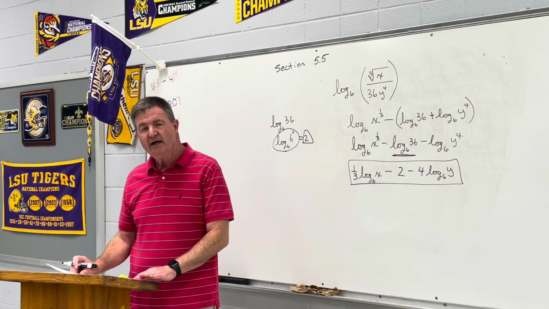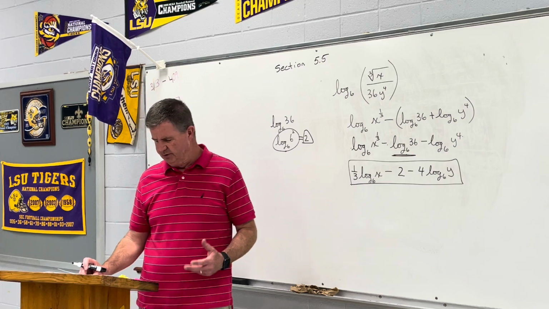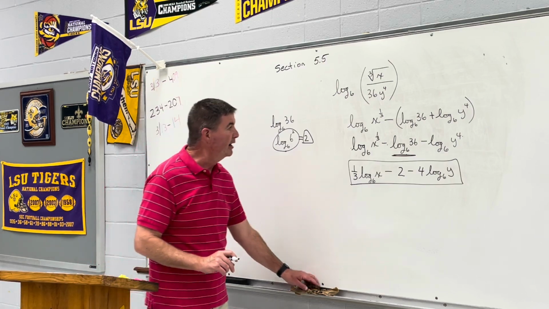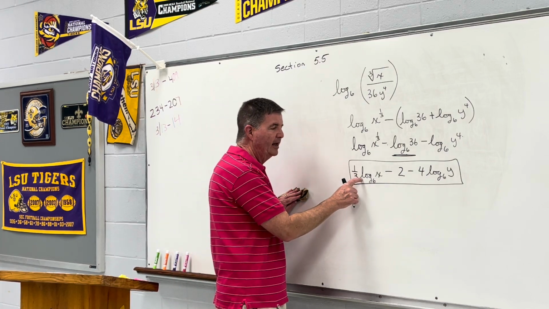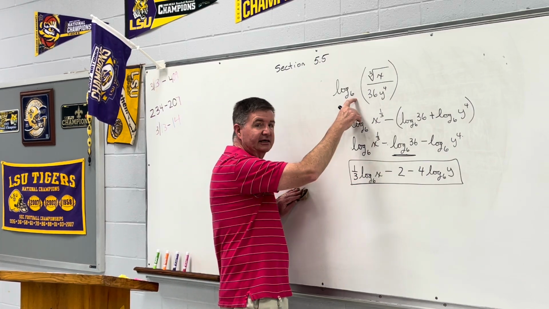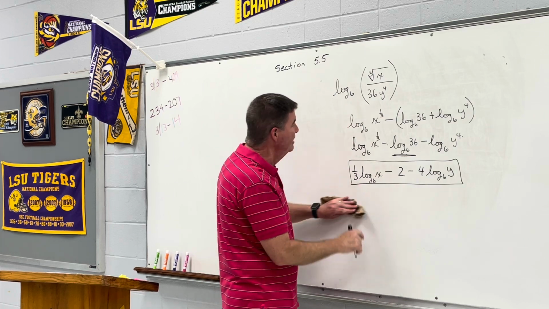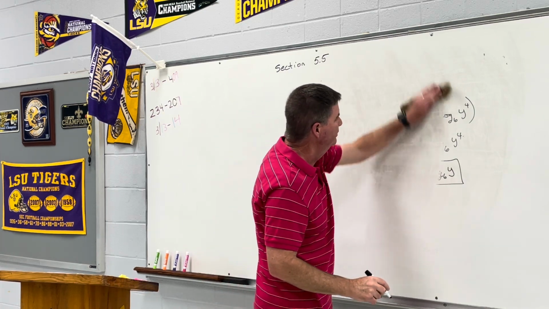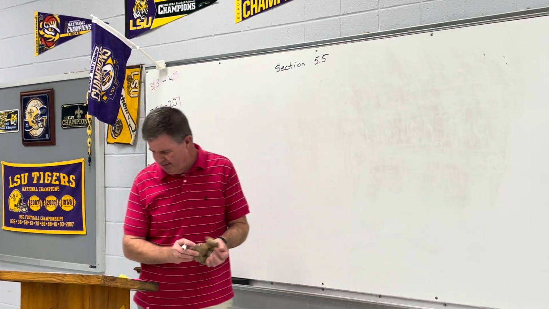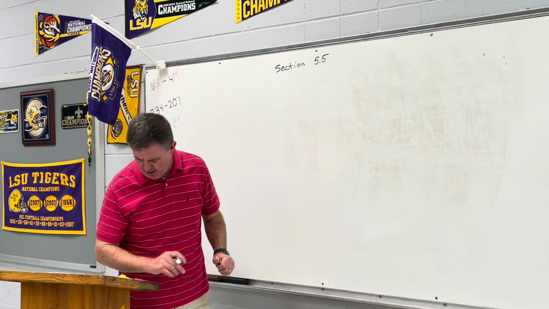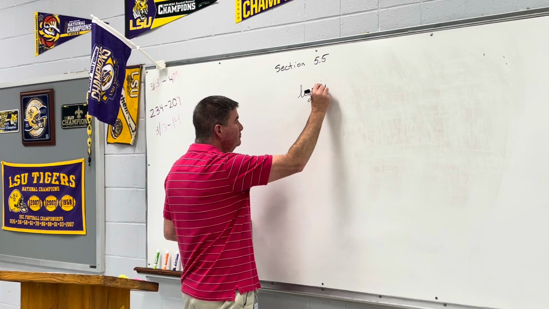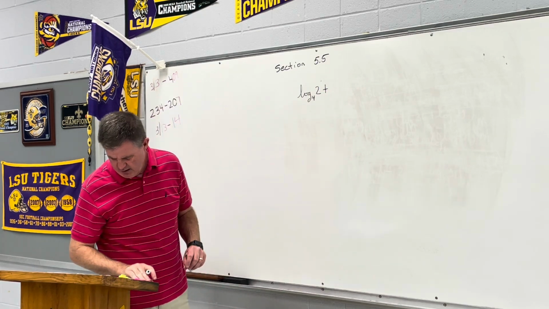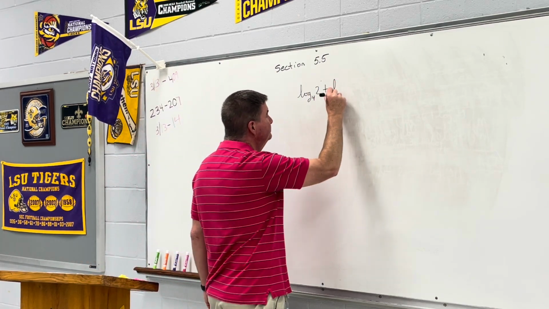Now, we can also go backwards with this property, with all of what we have here. You can take the end product and write it as a single log. So for this, we may have, write as a single log, log base 4 of 2 plus log base 4 of 32.